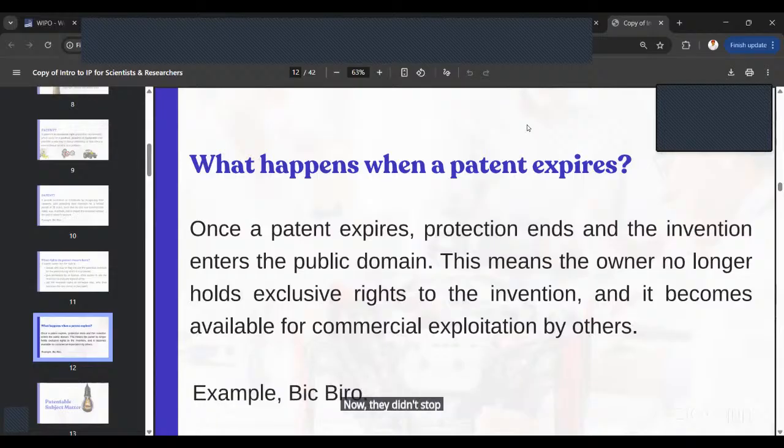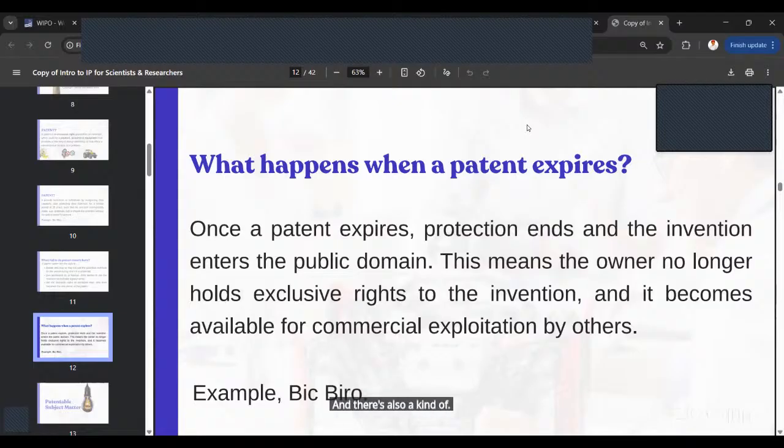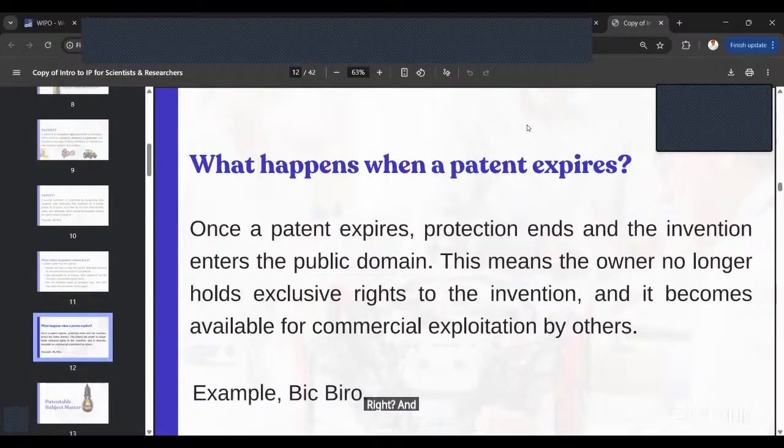They also found a case whereby you can put the ink that is in the vessel inside the case, and there's also a kind of stopper at the end, so that when you are writing, if at all the ink is going to smear, it's going to smear within that casing, right? And there's also a cover right in front of the ballpoint pen.